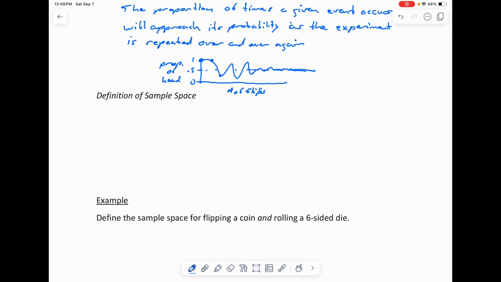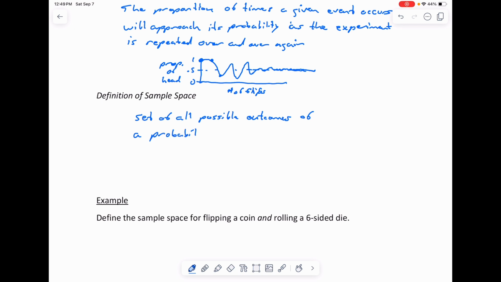So when we talk about a sample space, we are talking about the set of all possible outcomes of a probability experiment.